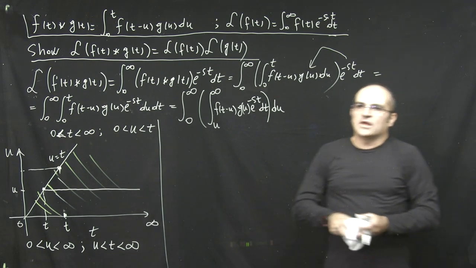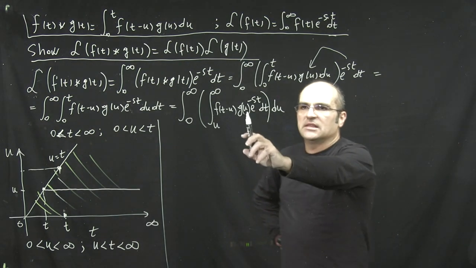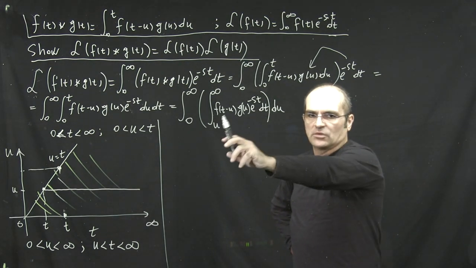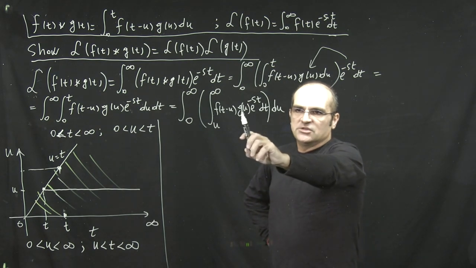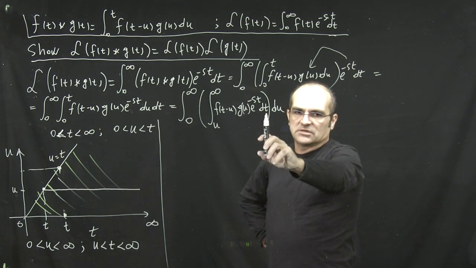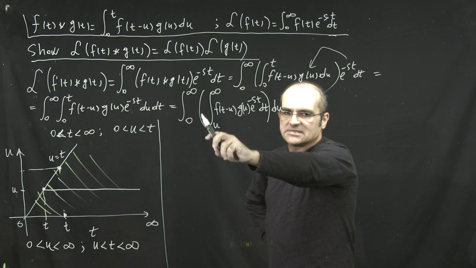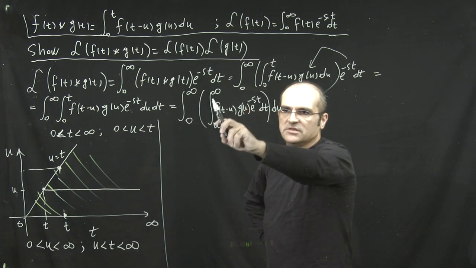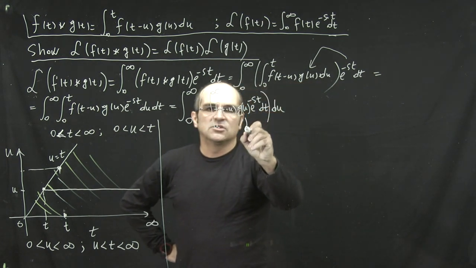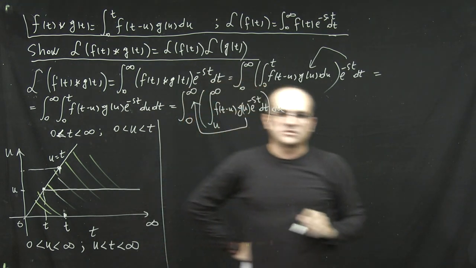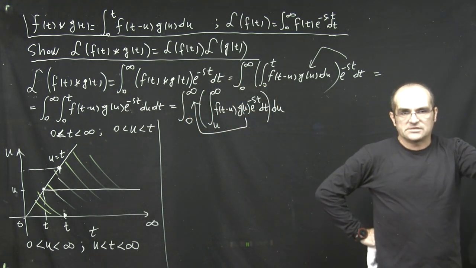Let's move on and notice one other important thing. Because we changed the order of integration, g of u doesn't depend on t. g of u is a constant with respect to the innermost integral, which allows me to move it out of the innermost integral. It's still part of the outermost integral.